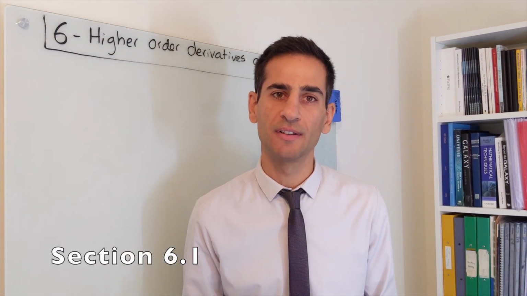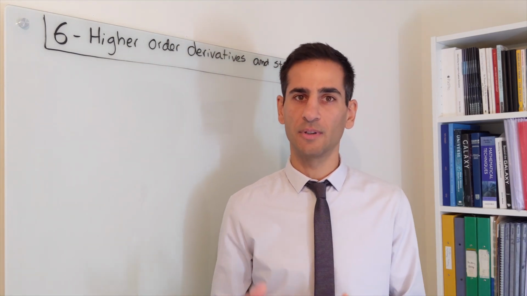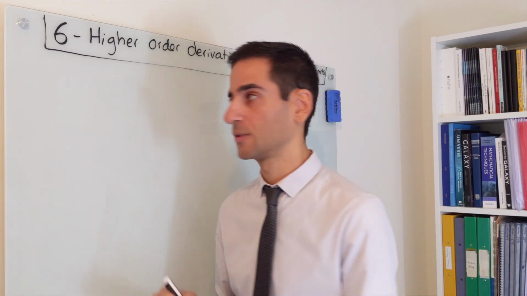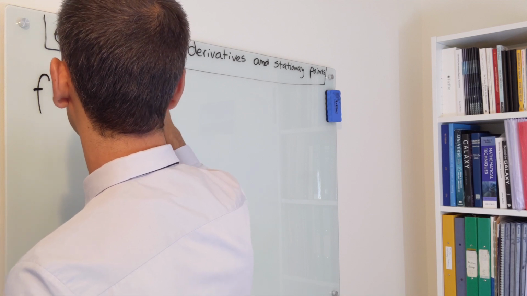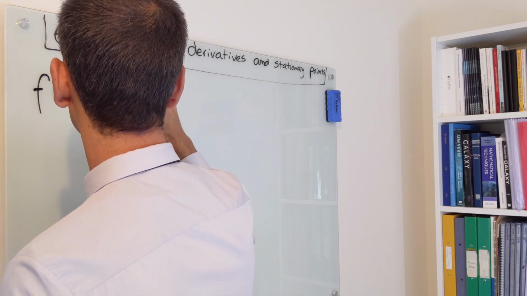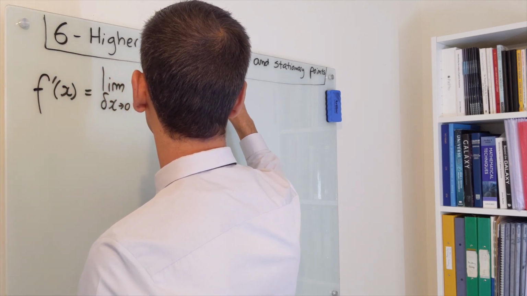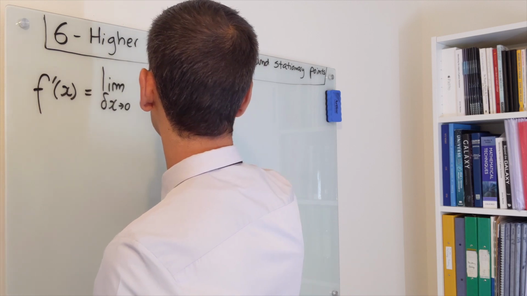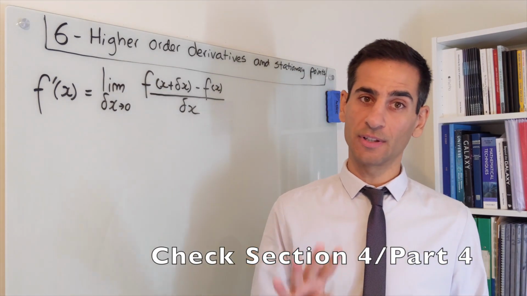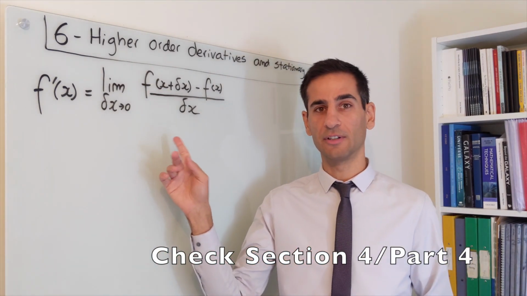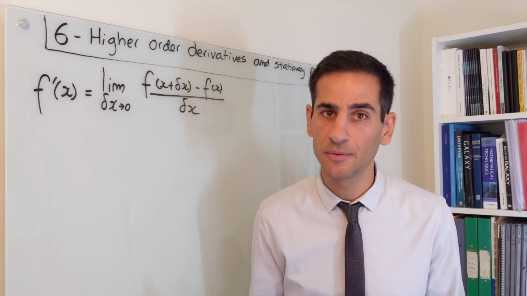In order to define what a stationary point is and how we can get them by using derivatives, let's recall how we define a derivative from first principles. If you remember from section 4, that's playlist 4, if you don't, maybe have a look at it back so you understand how we obtain this formula to obtain derivatives from first principles.